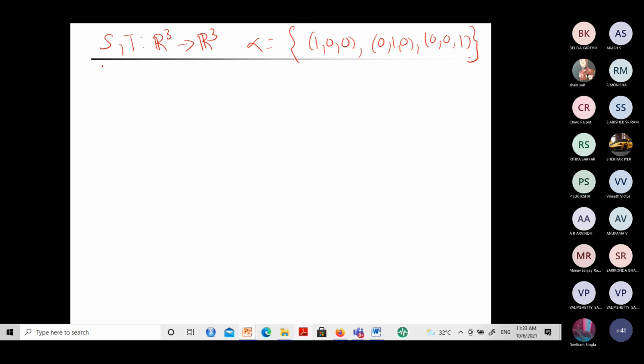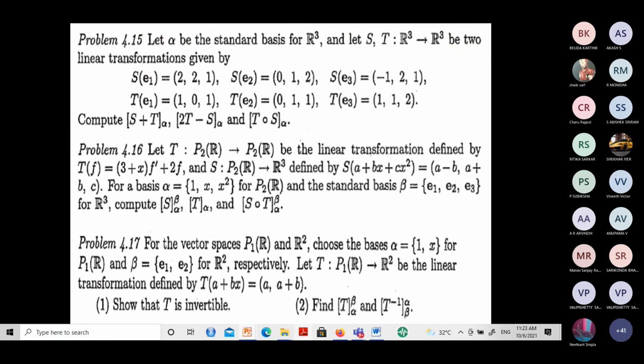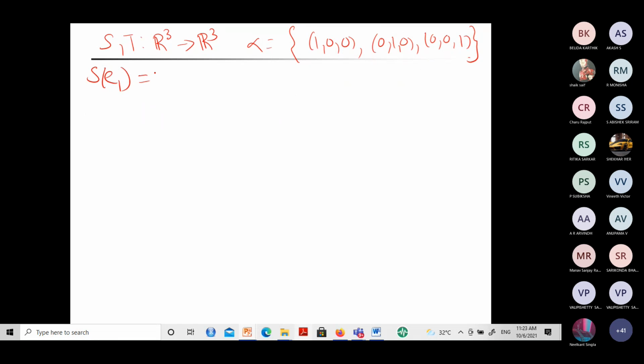What is being asked? First tell me what S of E1, S of E2, everything is. S of E1 is 2, 2, 1. S of E2 is 0, 1, 2. S of E3 is minus 1, 2, 1.